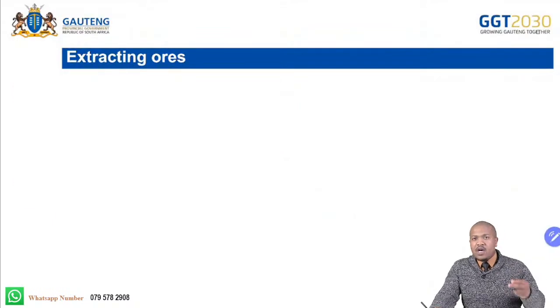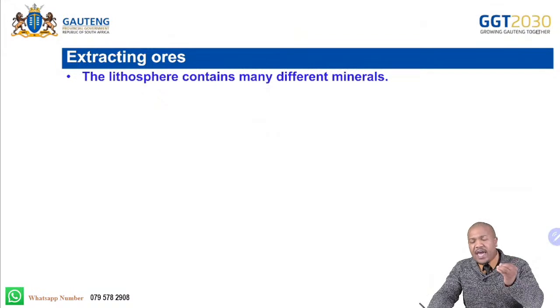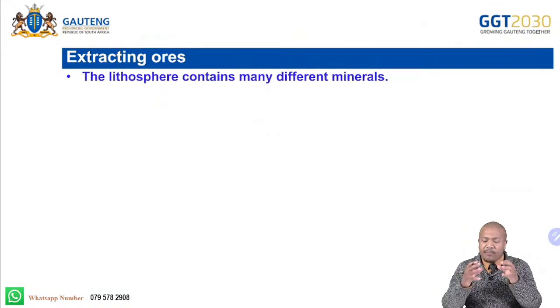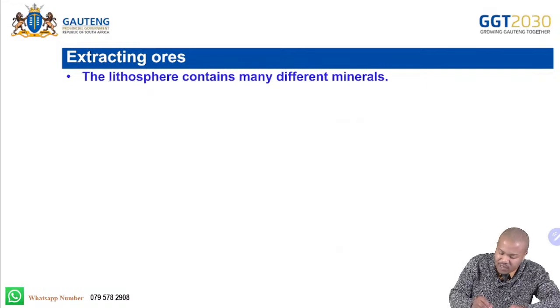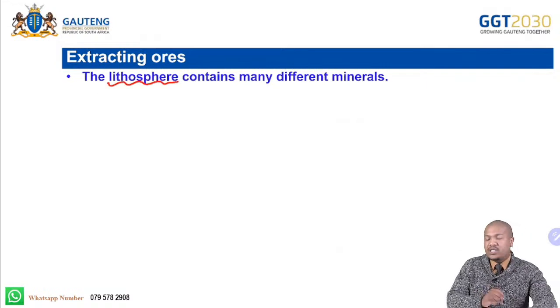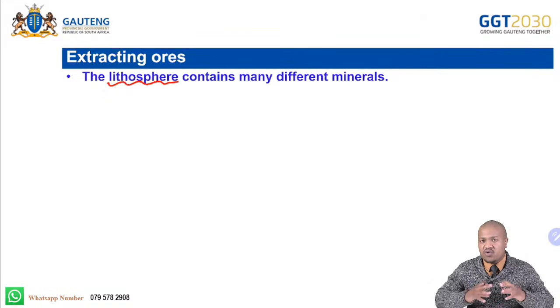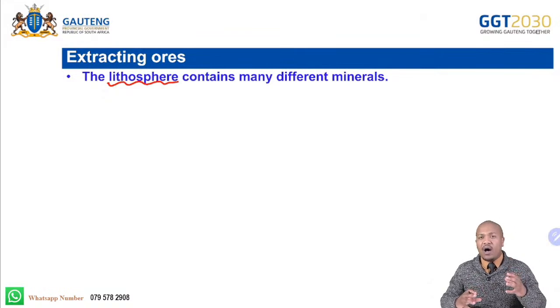So now, the lithosphere is where we find most of the minerals that we are talking about here. The lithosphere contains many different minerals. If you remember from our previous topics, we said that the lithosphere is all the solid rocks and soil of our earth. So this is where we dig.